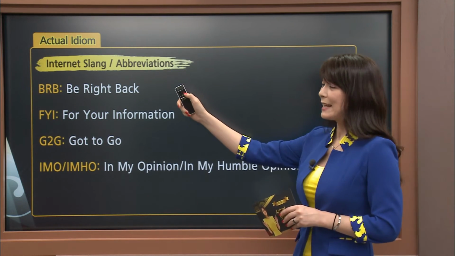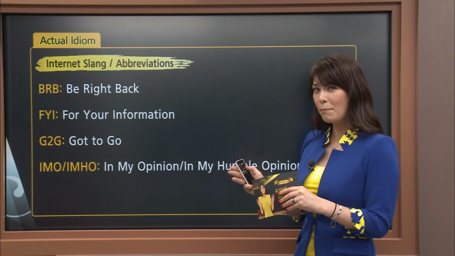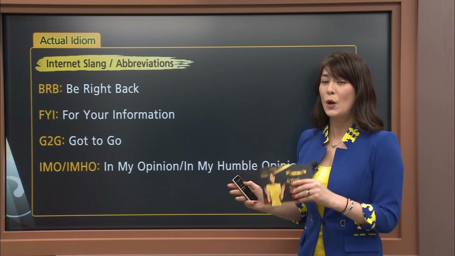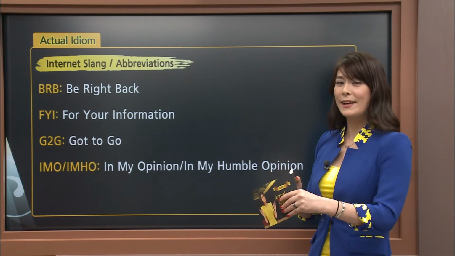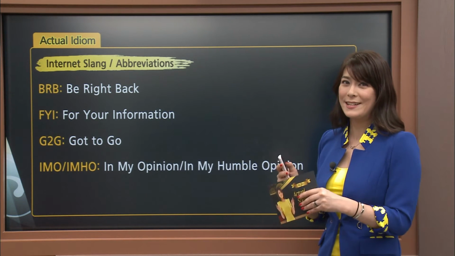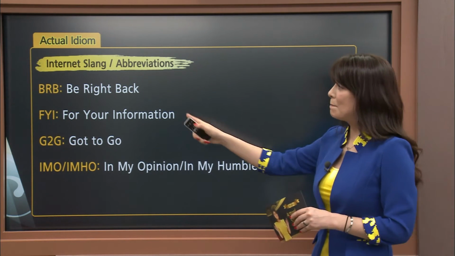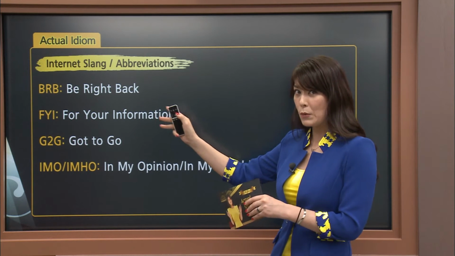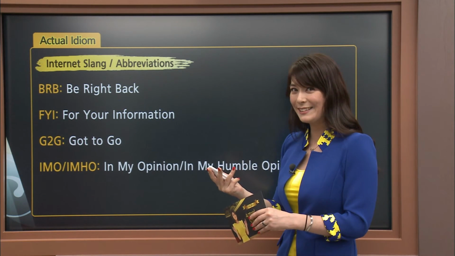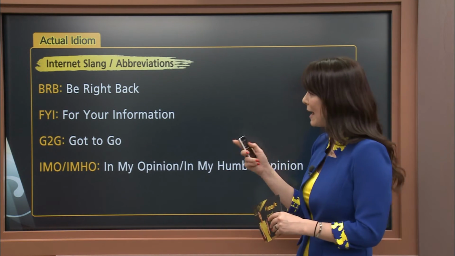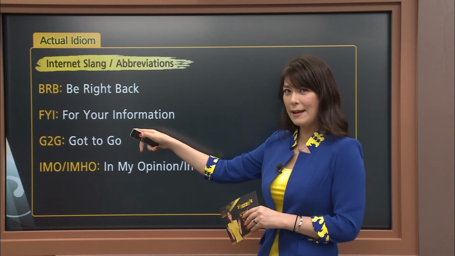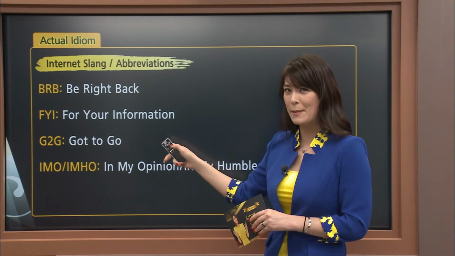Here are some internet slang or abbreviations you might bump into or see quite often when you are chatting or exchanging text messages with an English speaker. You might see BRB. It stands for be right back, meaning I'll be right back. I'll be away for a second, I'll be right back. What about FYI? It means for your information.